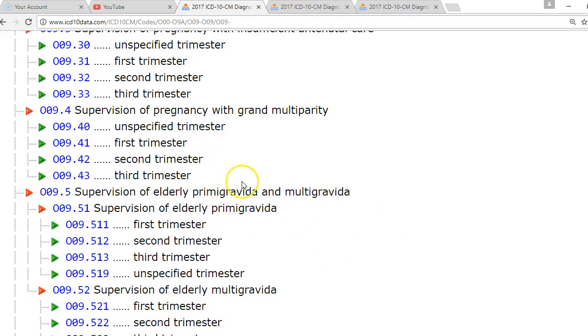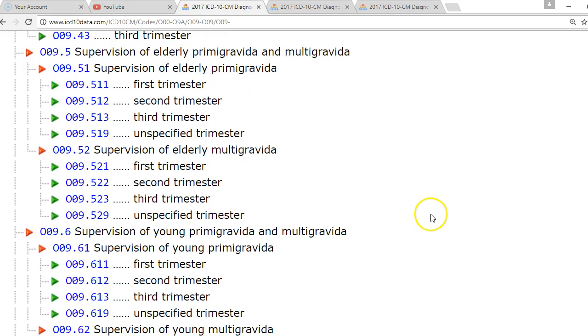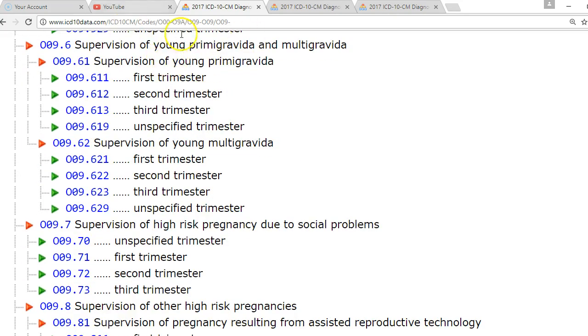Supervision of an elderly primigravida, supervision of an elderly multigravida. Okay, so the elderly primigravida, elderly, this is according to the American Medical Association, is a woman who is going to give birth after the age of 35. So primi is first pregnancy, multi is more than one. So we need to know, again, has this woman been pregnant before? Then we have the young primigravida.